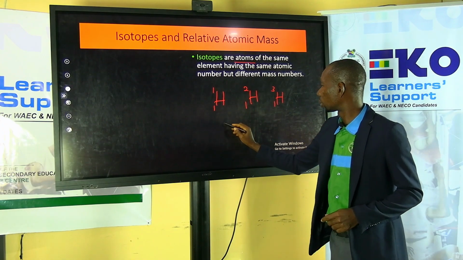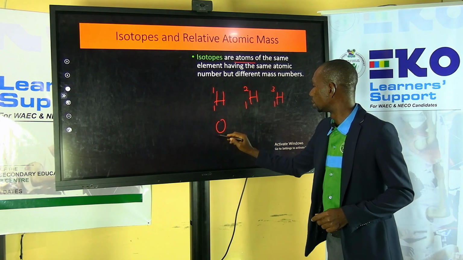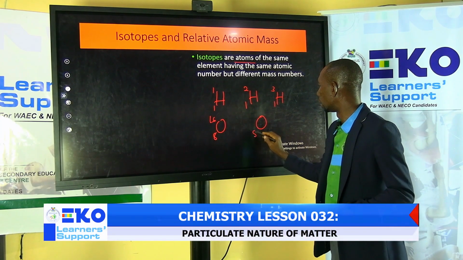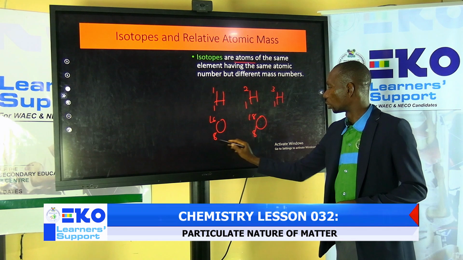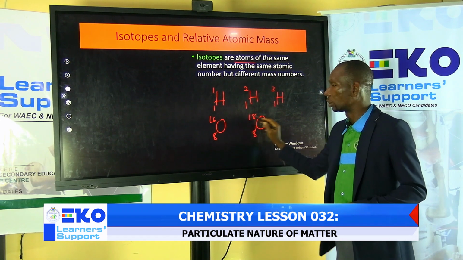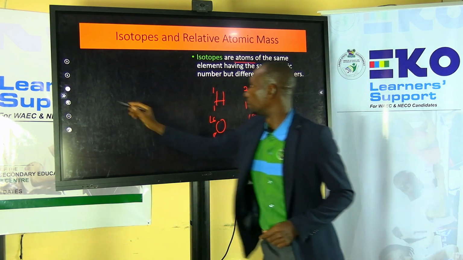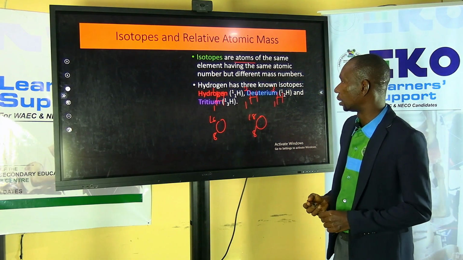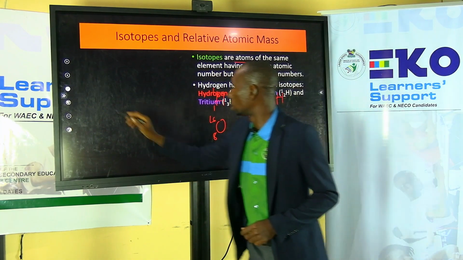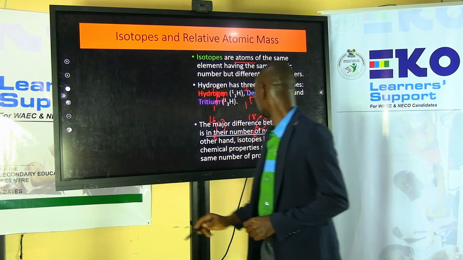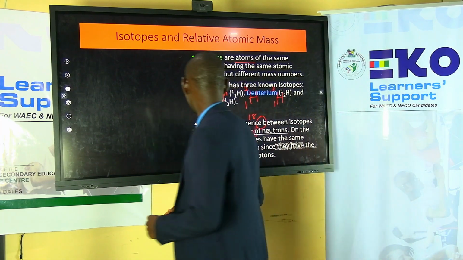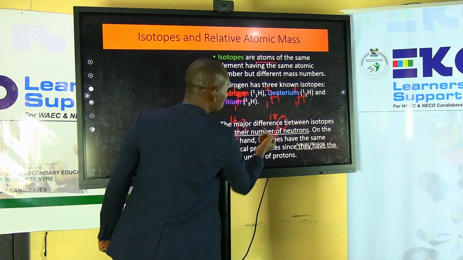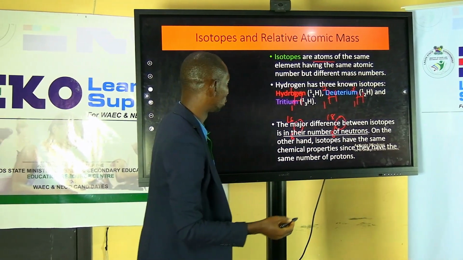For example, you can also have oxygen, okay, 8 and 16. You can have another one, 8 and 18. The atomic numbers are the same, but the mass numbers are different. That's what we mean by isotope. And the phenomenon that gives rise to isotopes is called isotopy. So the major difference between the isotopes here is in their number of neutrons.